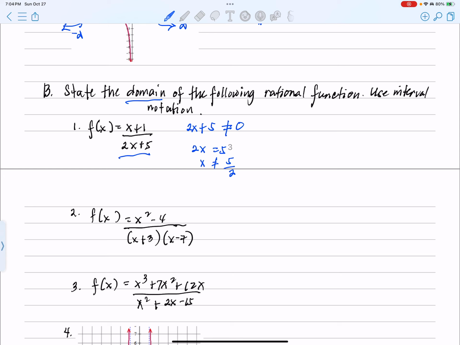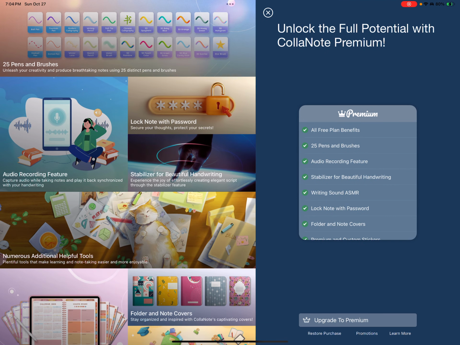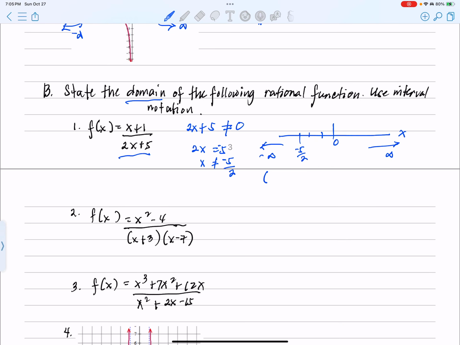If we look at our number line, this is x and this is 0. 5 over 2 is somewhere on, this is negative. So 1, 2, 2 point something. Let's say this is negative 5 over 2, located. To the left, that's negative infinity. To the right, that's positive infinity. So how are we going to write our domain here?